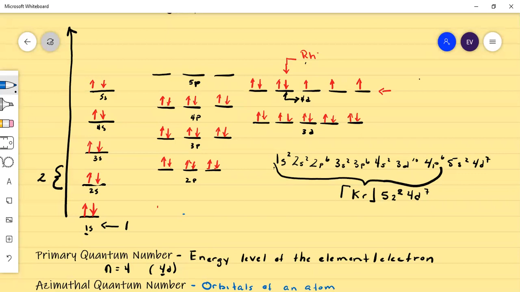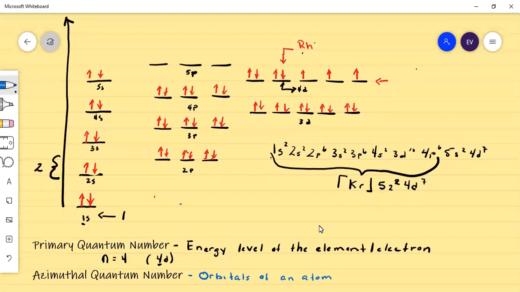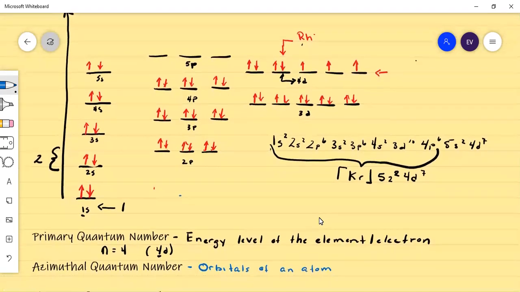So when you're looking at the azimuthal quantum number, you have 4 possible values for that. Here are the 4 values that you can have. It is 0, 1, 2, 3. These are the 4 values of your azimuthal quantum number.